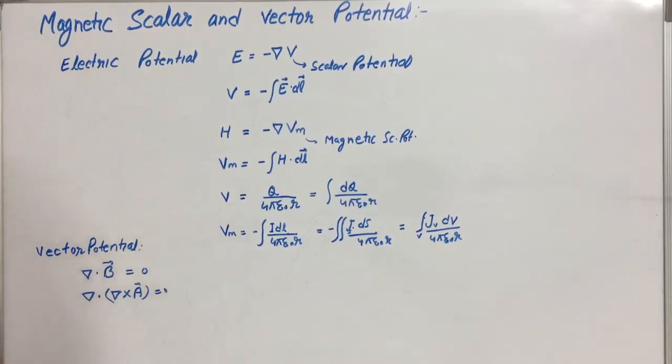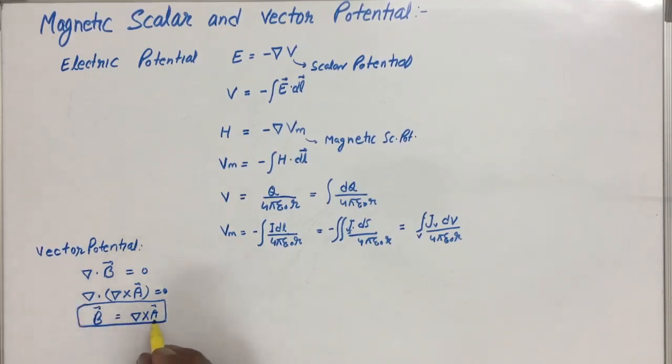We know this very well. So here we know the divergence of curl of any vector field is 0. If we relate these two, then we can say B is equal to curl of A. This is the curl of the vector field A. So from here we have one identity.